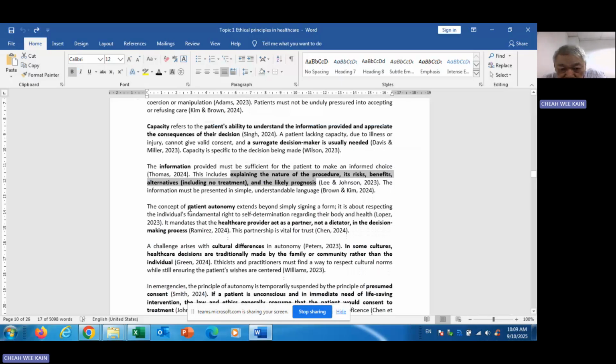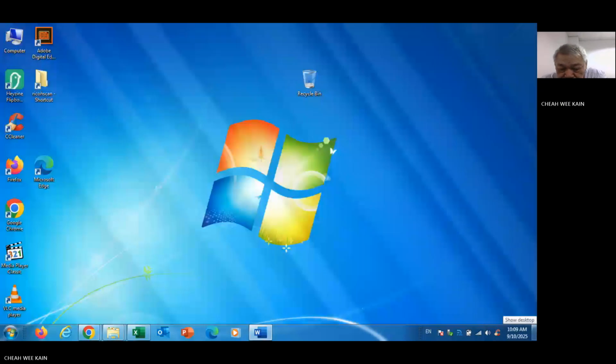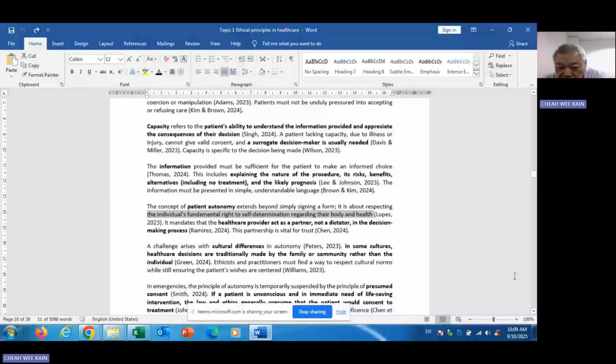And the last one is patient autonomy, which is to respect the patient's fundamental right to self-determination regarding their body. Now, you may have some cultural issues. In some cultures, healthcare decisions are made by the family or community rather than the individual.